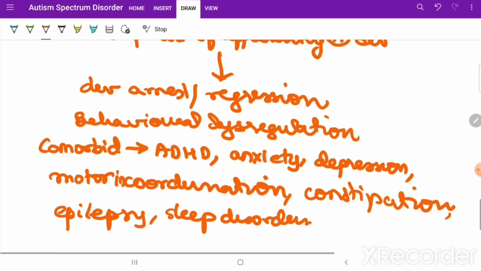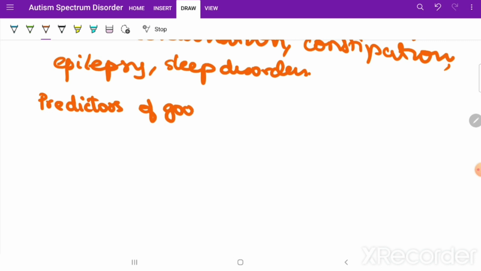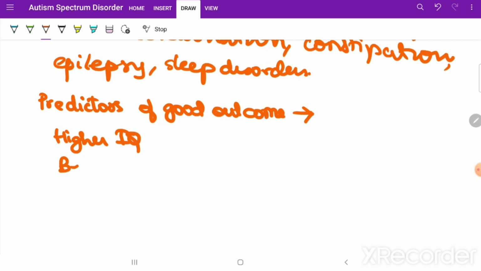Now, what are the predictors of good outcome in ASD? Higher IQ of the child, good outcome. Better language skills, good outcome.